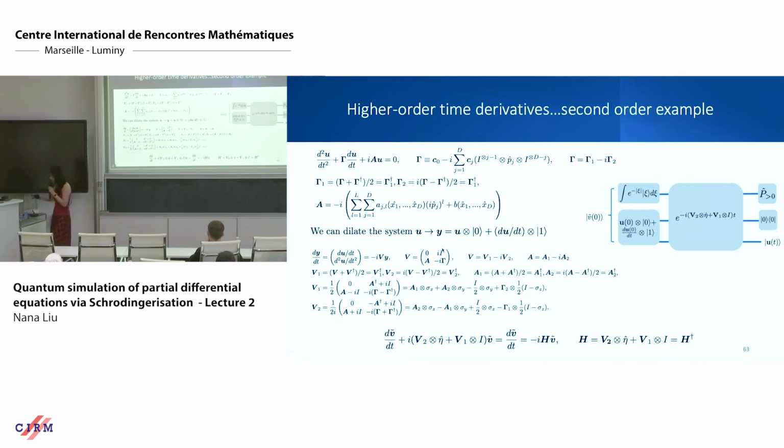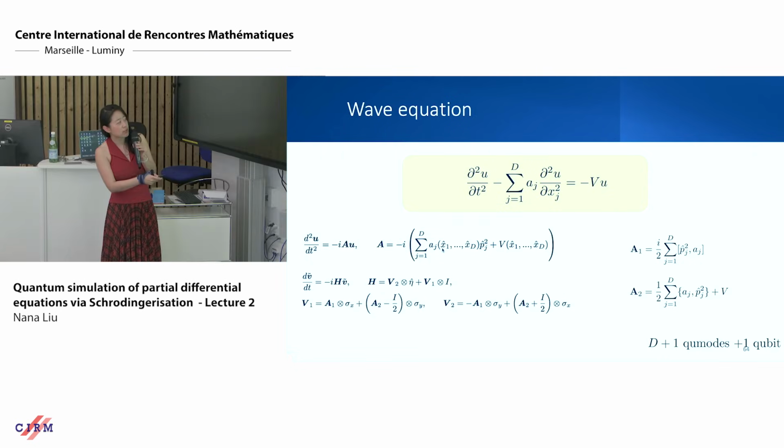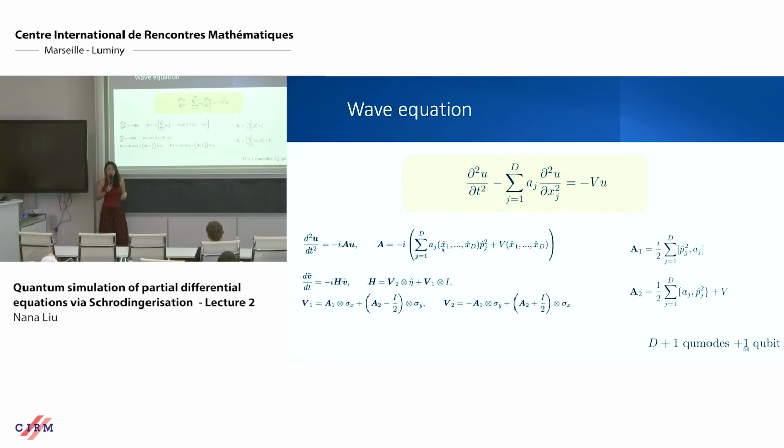And then I have an example of what we do with a simple wave equation. We have the speed here, which is related to A. And now we see that the Hamiltonian has this form, V2 tensor product eta hat, plus V1 tensor product identity. And we see A1 has this factor like P squared tensor now. Whenever you see these Paulis, it's suggesting it will be good to have what we call a hybrid system, like a hybrid qumode-qubit system.